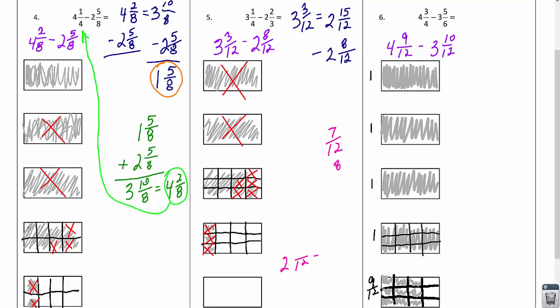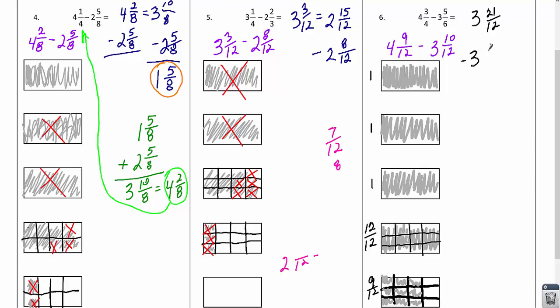So instead of 1, I'm going to be thinking about that as 12/12. So now what I have is 3, 1, 2, 3, and 21/12. Put 12/12 with 9/12, you get 21/12.